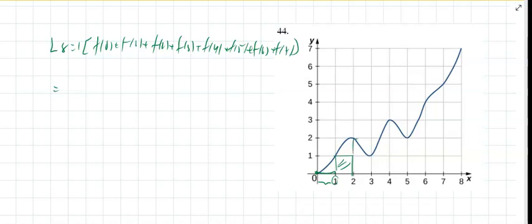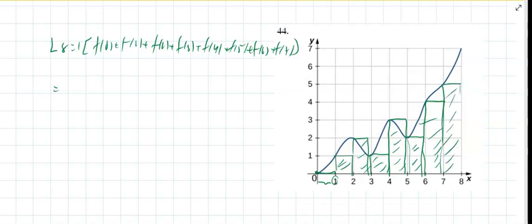F of 2, f of 3, f of 4. Of course, we don't need the diagram for that, but I'm showing you what we're doing. F of 5, f of 6, and f of 7. As we see, this seems to be an underestimate.